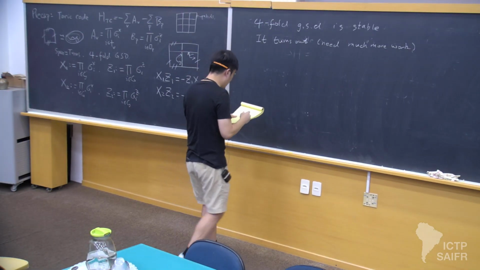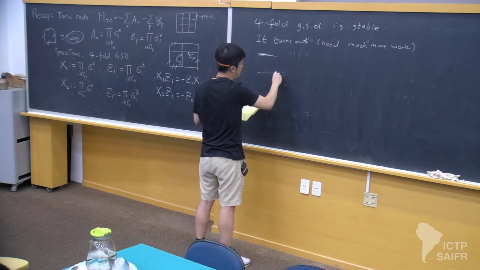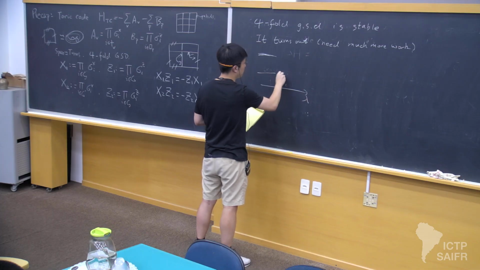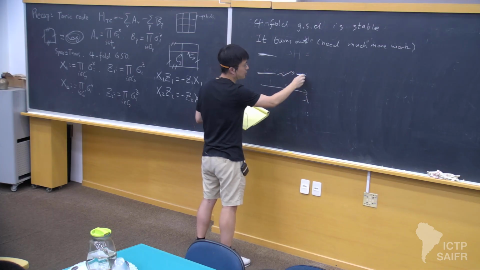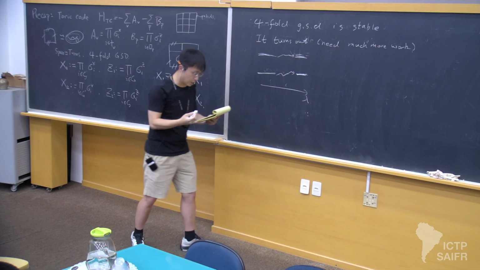When you have this kind of adiabatic continuity, you have your fourfold degeneracy up to some exponentially small splitting, and your ground state with the gap kept open throughout.